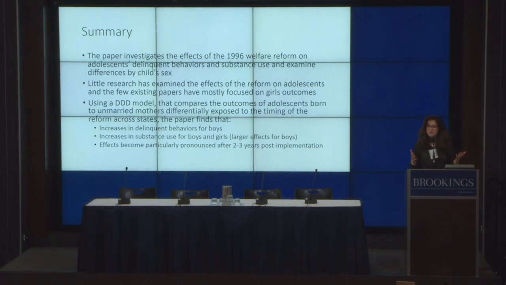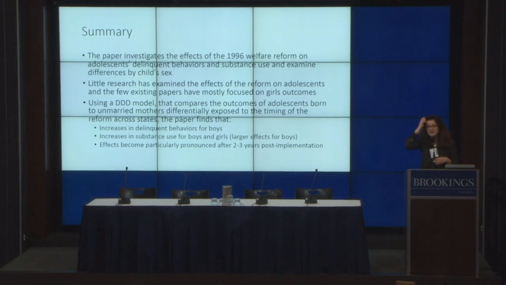Using two quasi-experimental methods, a triple difference model as well as a mother fixed effects model, the authors found that children born to low-income mothers and married mothers who were differentially exposed to the shock, to the policy change, experienced increases in delinquent behaviors, which were mostly concentrated in boys, and substance use for boys and girls, with more pronounced effects for boys.